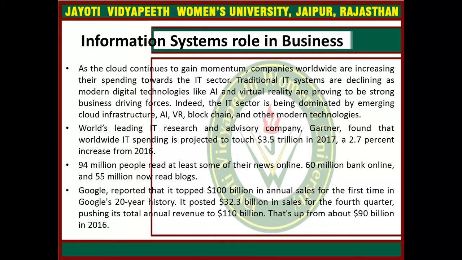In the banks, both manual and digital methods are being used. Okay, so it is a very tiring job, and there are tons of data on the web. Google reported that it crossed 100 billion dollars in annual sales for the first time in Google's 20-year history.